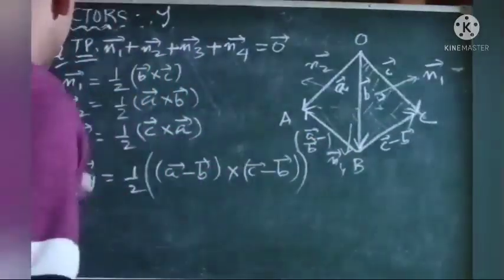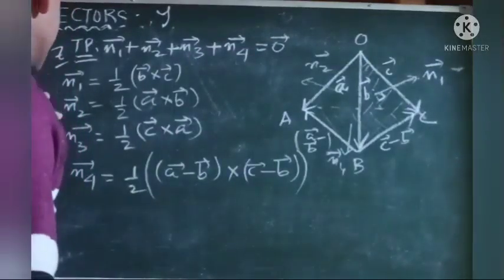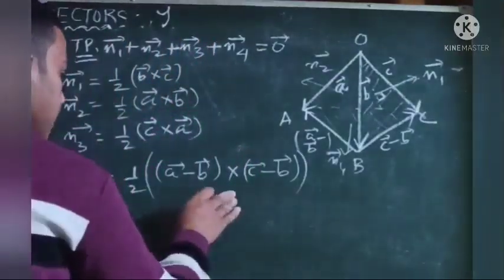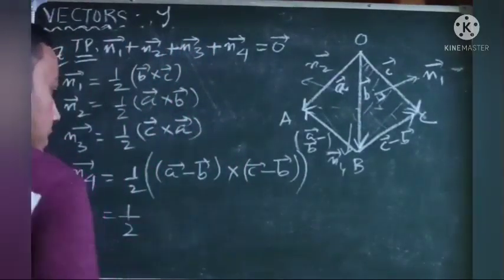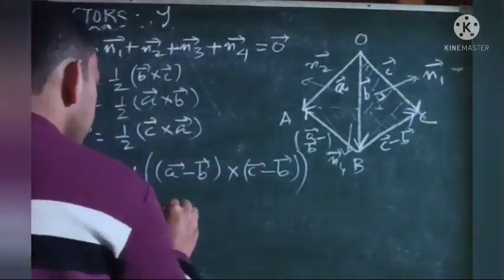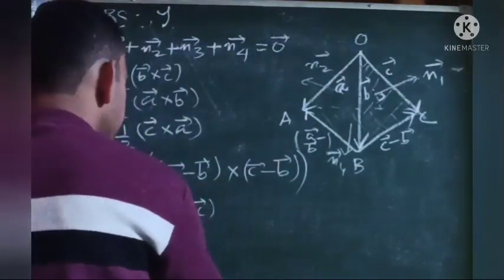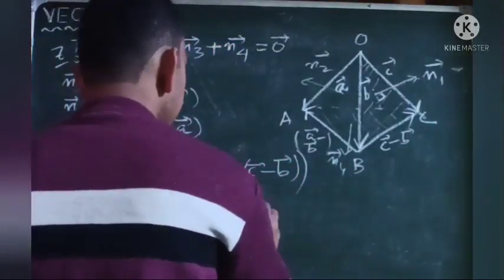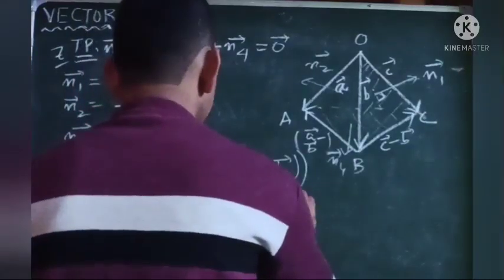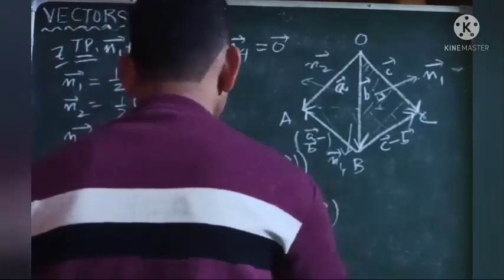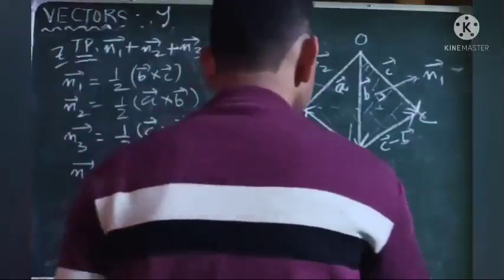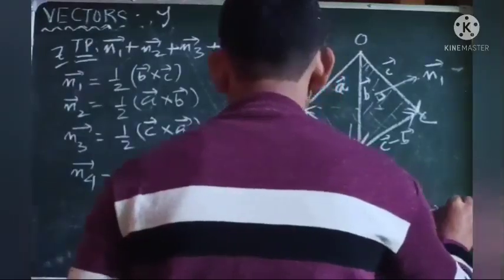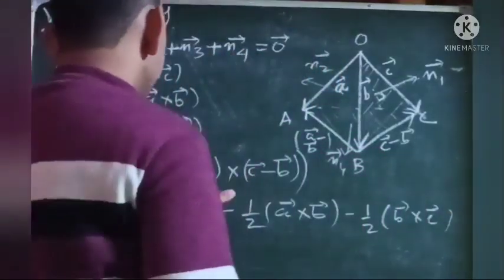Now we have to write the left hand side, which is n1 vector plus n2 vector plus n3 vector plus n4 vector. Let us first simplify this equation. A cross C minus A cross B minus B cross C plus B cross B, with half taken inside the bracket.